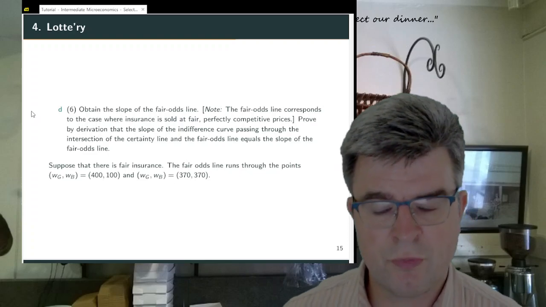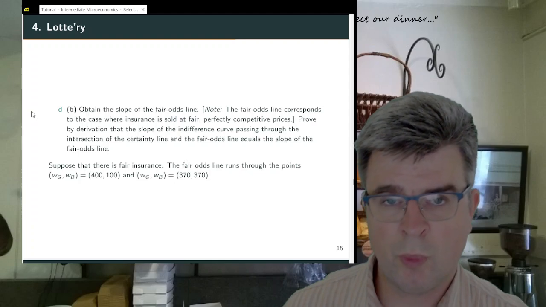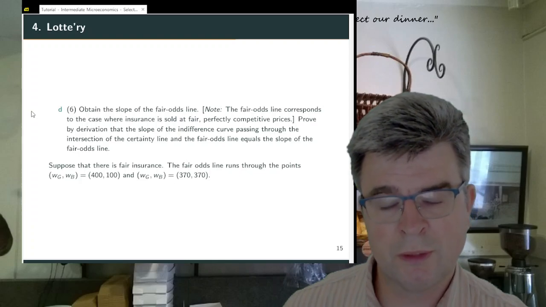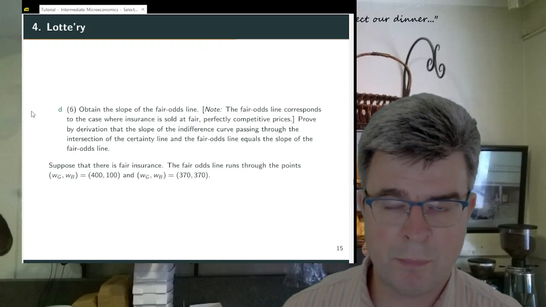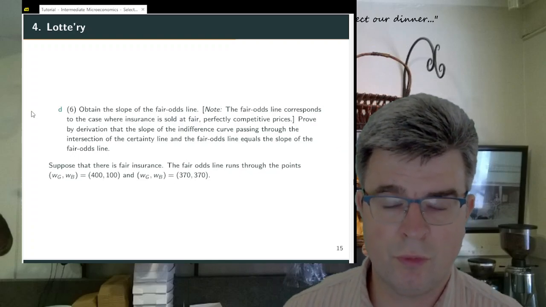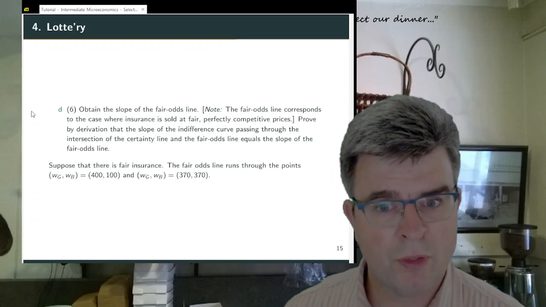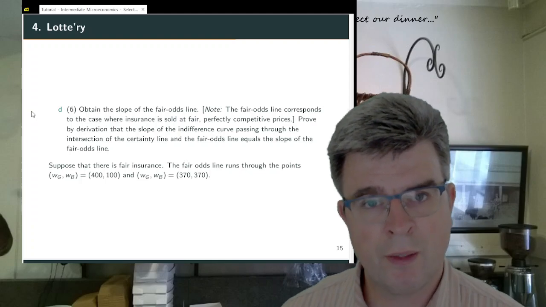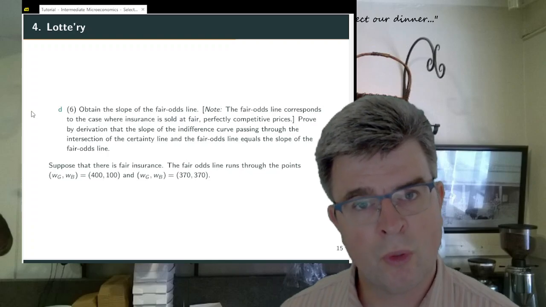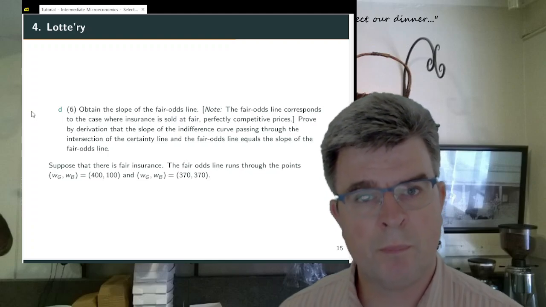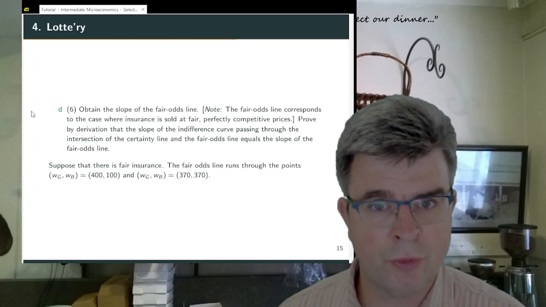So suppose that there is fair insurance. Now we know that the risk to which Lotte is exposed, the expected loss is equal to 30. So 10% chance of losing 300. So the expected loss is 30. So in a perfectly competitive insurance industry where insurance is offered at fair prices, the insurance company should also offer you to be insured against this loss at a cost of 30.